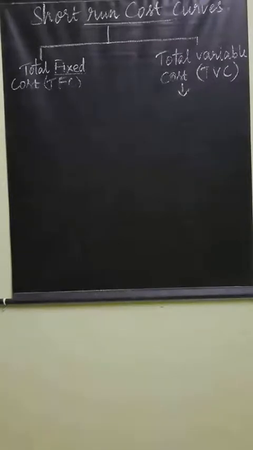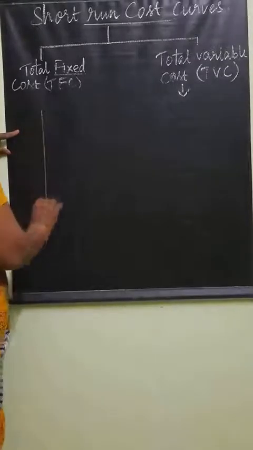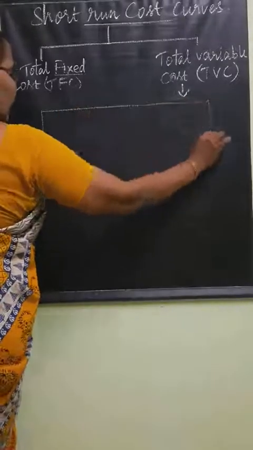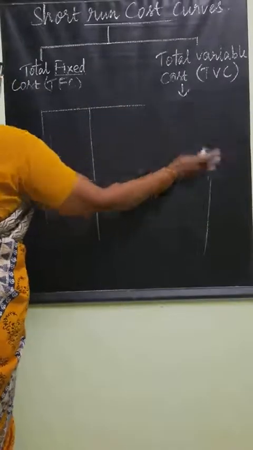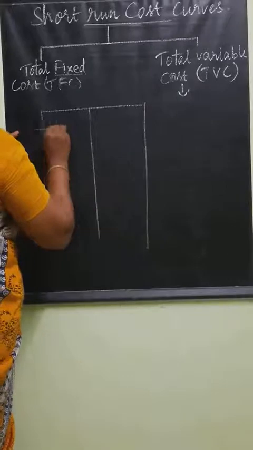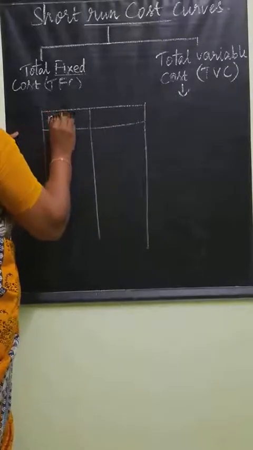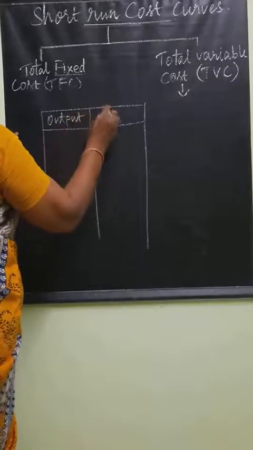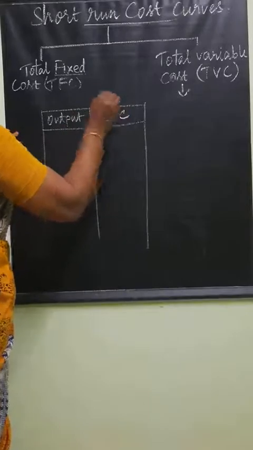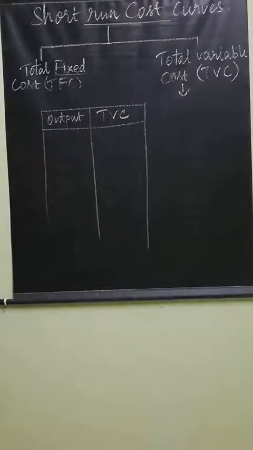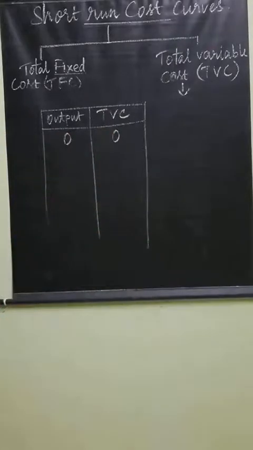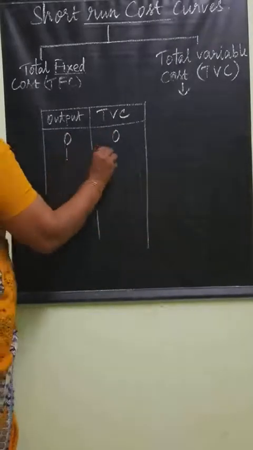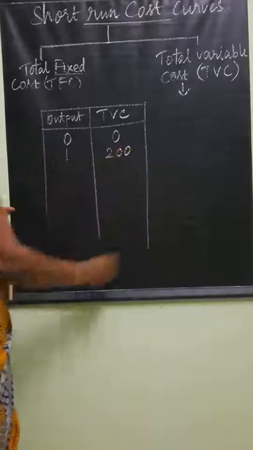So we are going to draw a table. Assumption, I already told you, hypothetical means assumption. Just we are assuming. Here output Q, here total variable cost. When the output is 0, there is no variable cost. When the output is 1, the cost is increased.